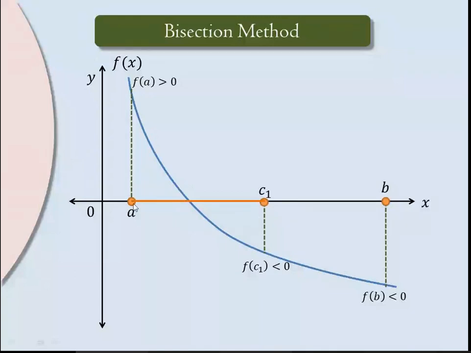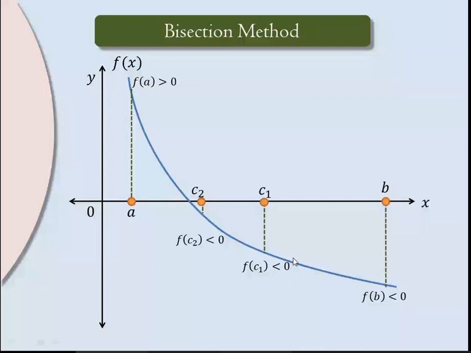Now take the midpoint of a and c1. Suppose that midpoint is c2. Then find the value of the function at this point c2. Here f of c2 is negative. Then check the product of this with the previous values, whether it is positive or negative.